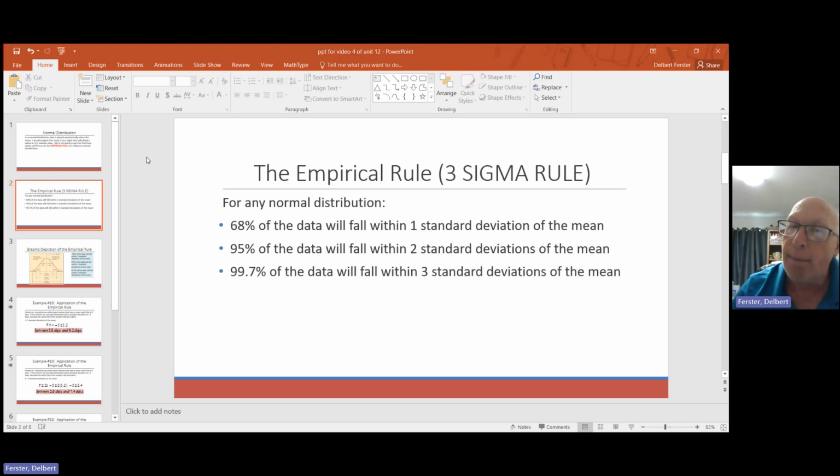If you're willing to go one more, 3 standard deviations above the mean and 3 standard deviations below the mean, then basically you're looking at dang near all of the data falling within 3 standard deviations of the mean. According to your author, 99.7% of the data falls within 3 standard deviations of the mean.